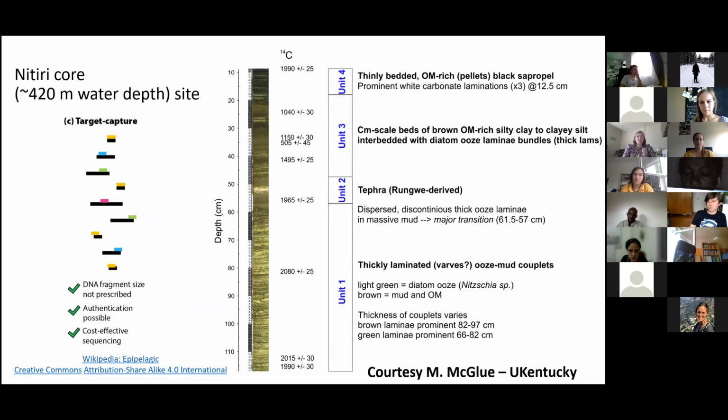I will be doing a target capture technique on the second core, which has been in cold storage in a freezer, as soon as my lab is finished being built. So this is very near-term work and should be some of the inaugural work for my ancient DNA lab.